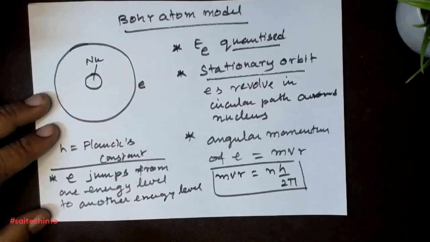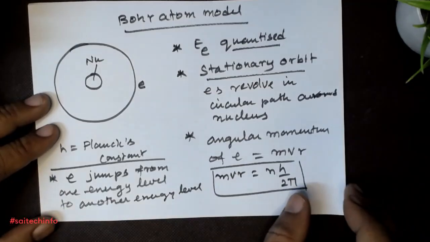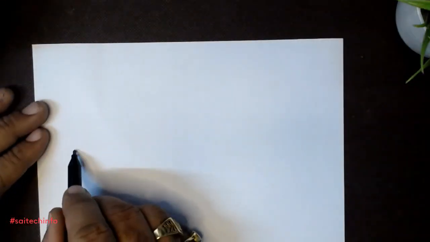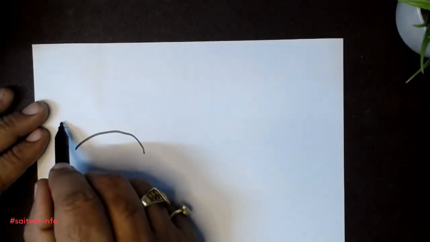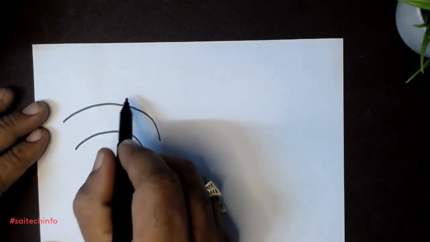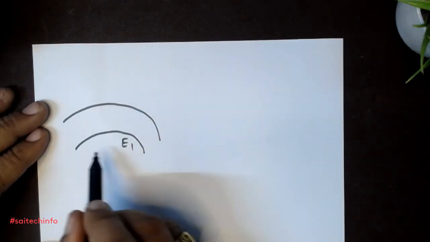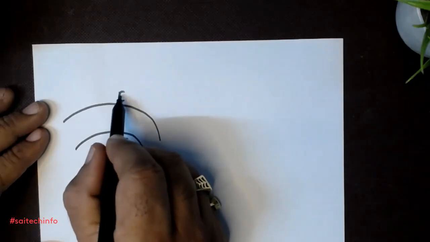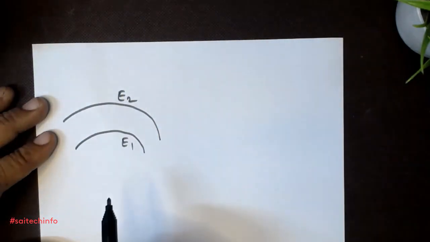So during this jumping, for example, let me consider this is the first energy level, this is the second energy level. Let me say this is E1, the energy possessed by the electron in the first level, and E2, the energy possessed by the electron in the second energy level.